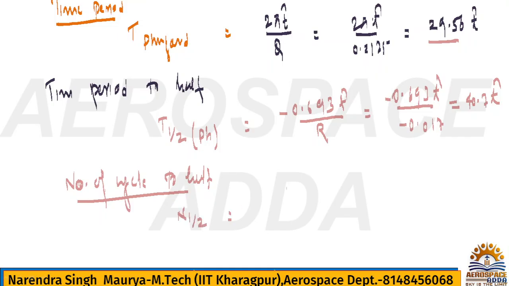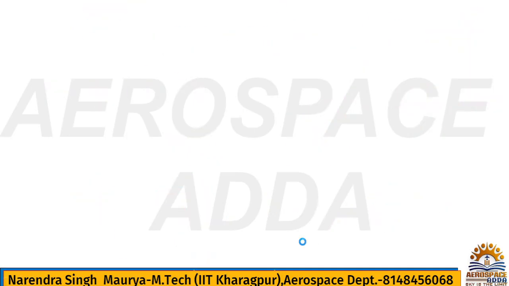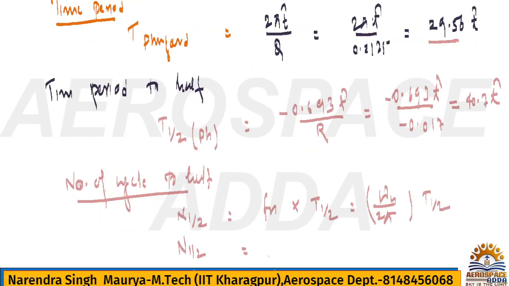If you remember the formula I gave, it is fn into t1 by 2. Fn is omega n by 2 pi, and omega n you have just calculated as 0.213. So 0.213 divided by 2 pi, times the time to half, 40.7 t cap.